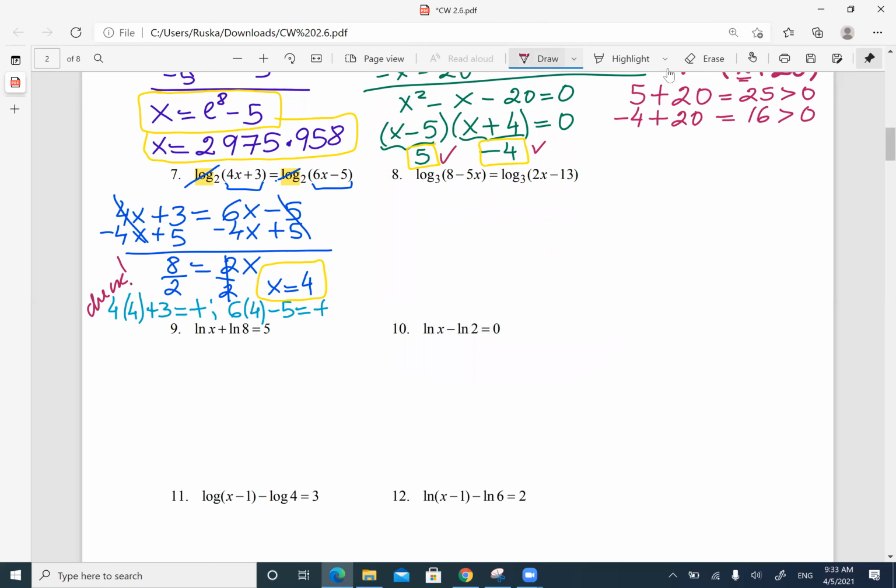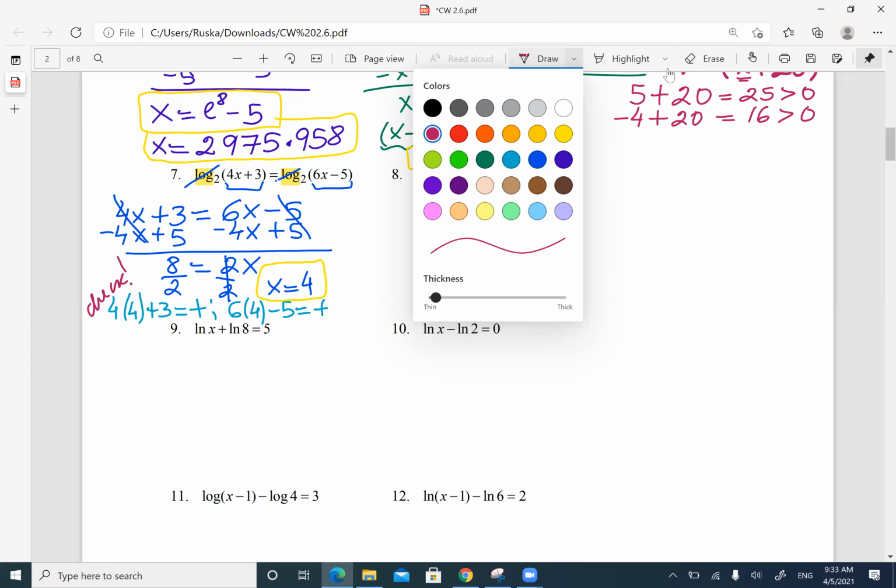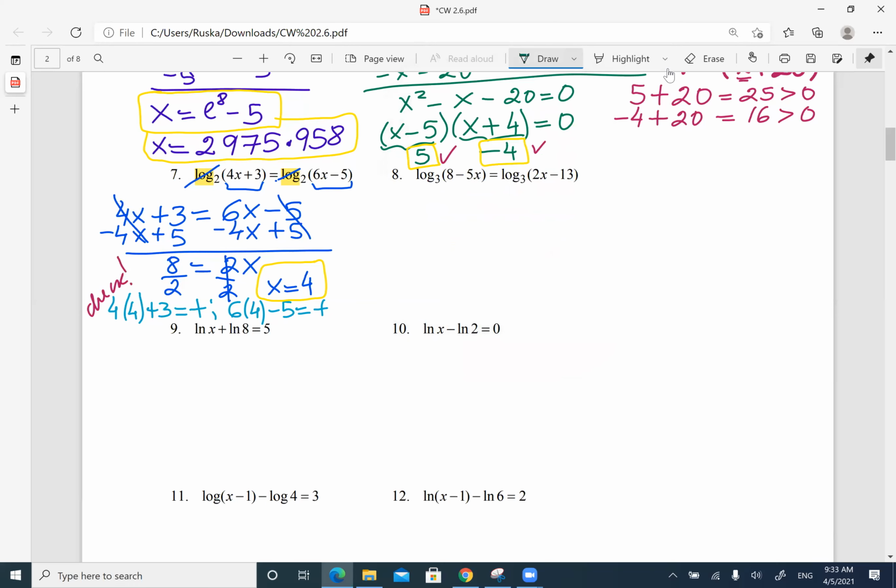Okay, then you're going to go ahead and do the next one. So let's do number 8. For number 8, we have again logarithm equals logarithm. We're going to cross out the logarithm. So we're going to solve 8 minus 5x equals 2x minus 13. I'm going to add 5x to both sides. And I'm going to add 13 also.